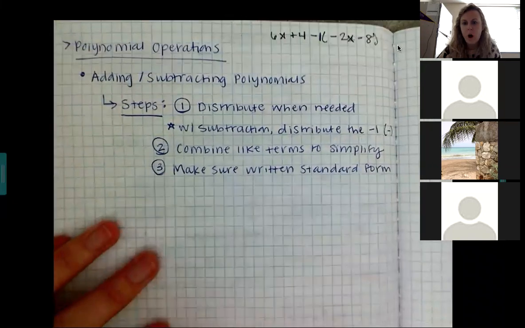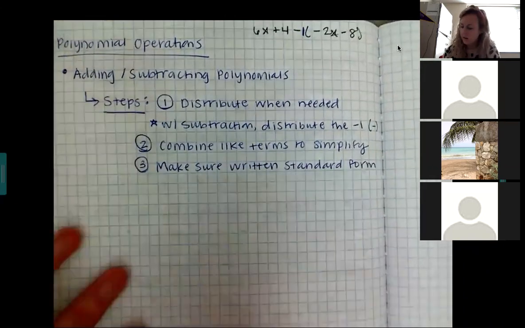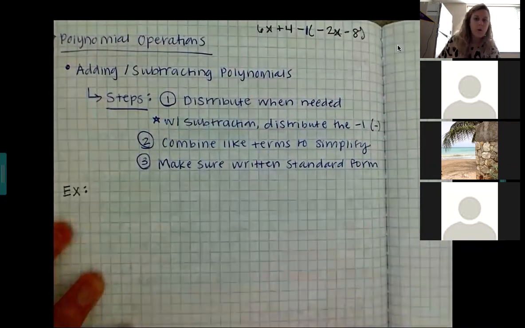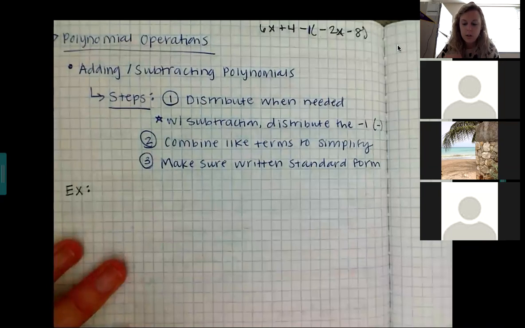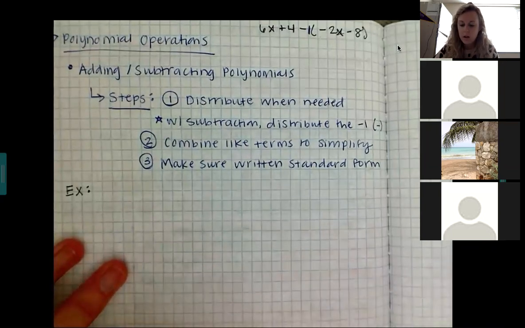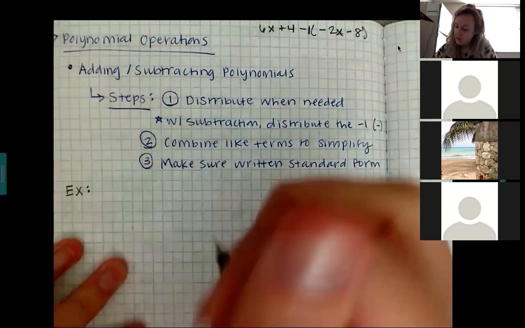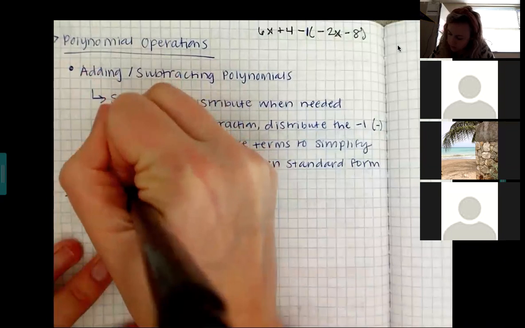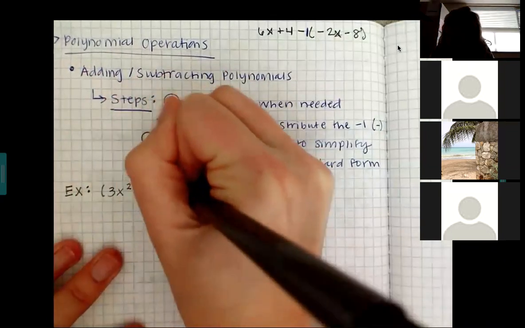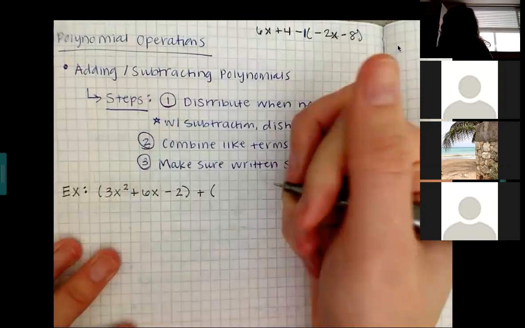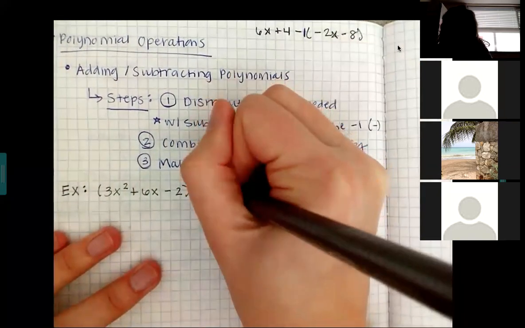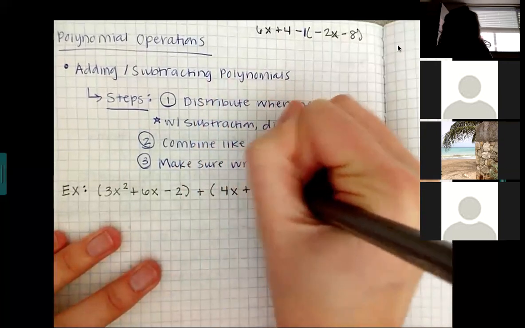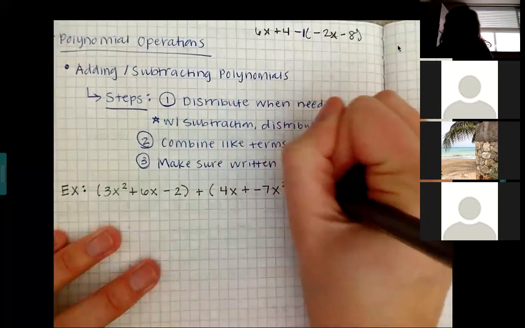We definitely won't get through all of the multiplying today because multiplying can get kind of challenging, but we are going to start it today so that we don't have a lot of notes on Tuesday. I want y'all to be able to just practice on Tuesday. All right, so first example, let's do 3x squared minus 2 plus... all right.